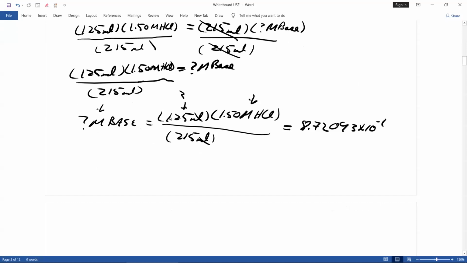Notice this is 3 significant figures. This is 3. Uh-oh, Dr. White's in his rut. And this is 3 significant figures. Therefore, rounding this off to 3 significant figures, I'll let you try that first. Round that off to 3 significant figures.